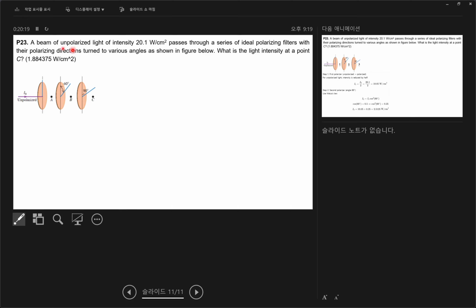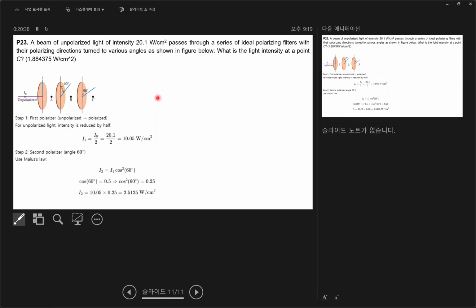A beam of unpolarized light of intensity I0 passes through a series of ideal polarizing filters with their polarization directions turned to various angles as shown here. Initially it is this one, and then this one at 90 degrees. The first polarizer turns unpolarized light into polarized light in this direction, and the intensity is reduced by half.